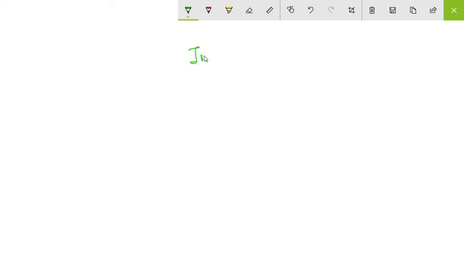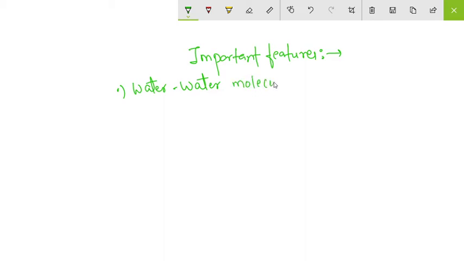Now the important features. First of all, the water molecules have a strong attraction between them.